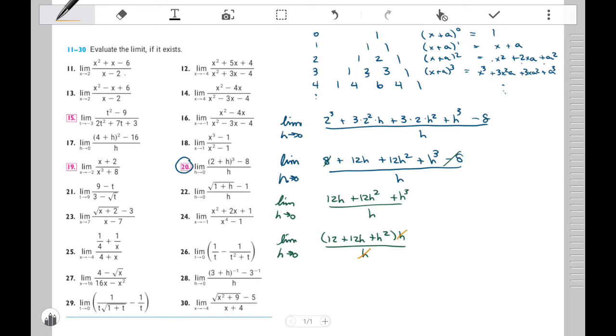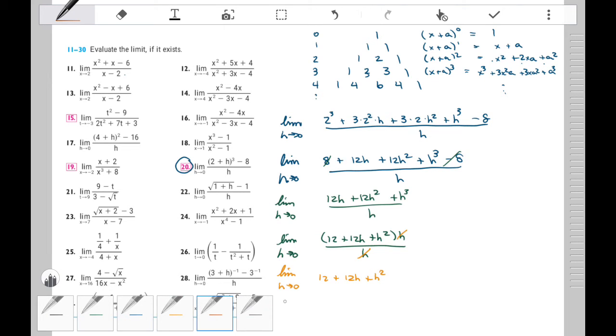Since h is not actually going to 0 by the definition of the limits, we're just getting increasingly close to it, we can do this. We have an equivalent equation left. So we have the limit as h goes to 0 of 12 plus 12h plus h squared.